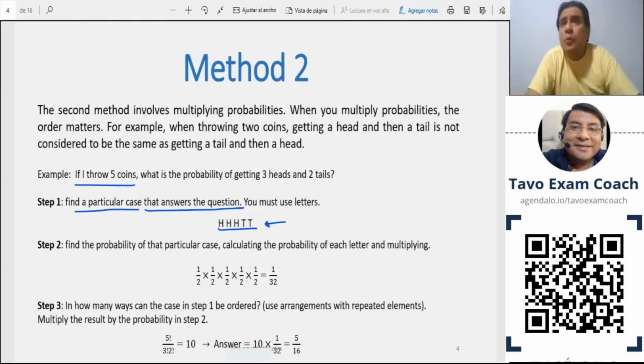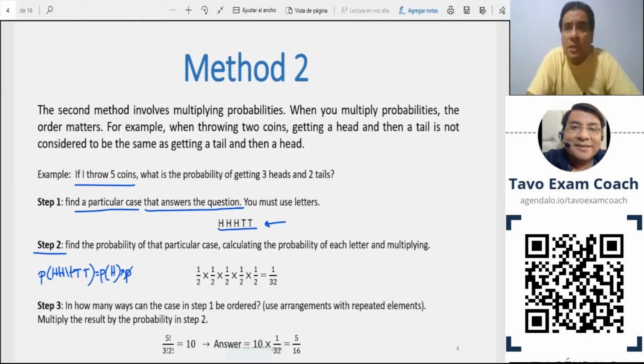After this, we proceed to calculate the probability of that particular sequence of results. That is step 2. So in order to calculate the probability that 3 heads and 2 tails occur in that specific order, what we're doing here is multiply the probability of each of the results in that string of results.